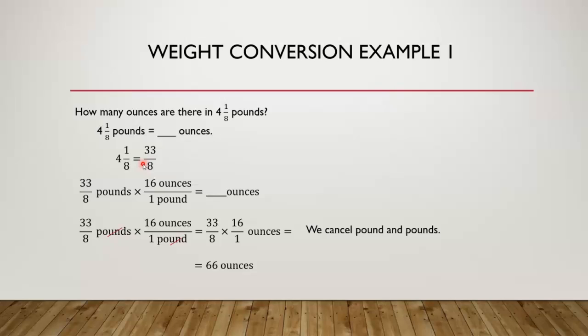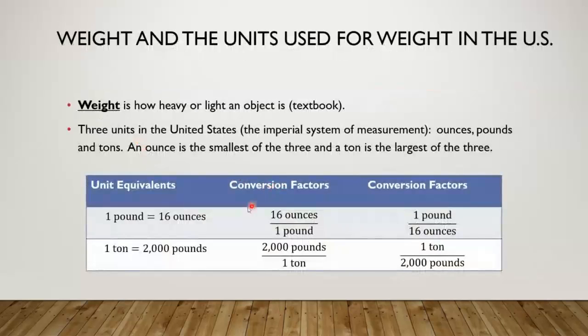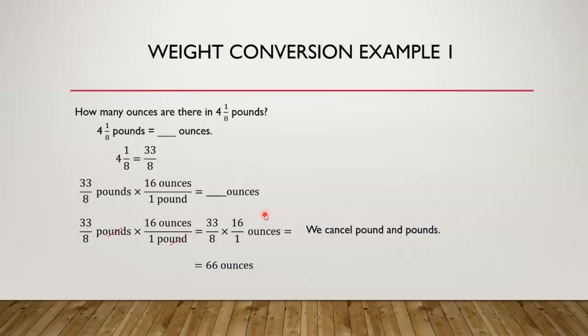So 33 over 8 pounds, right? We want to know how many ounces that is. So in other words, we're going from pounds to ounces. So we start out in pounds, we want to end up in ounces, so we're going to use this one. Bottom to top, pounds to ounces.